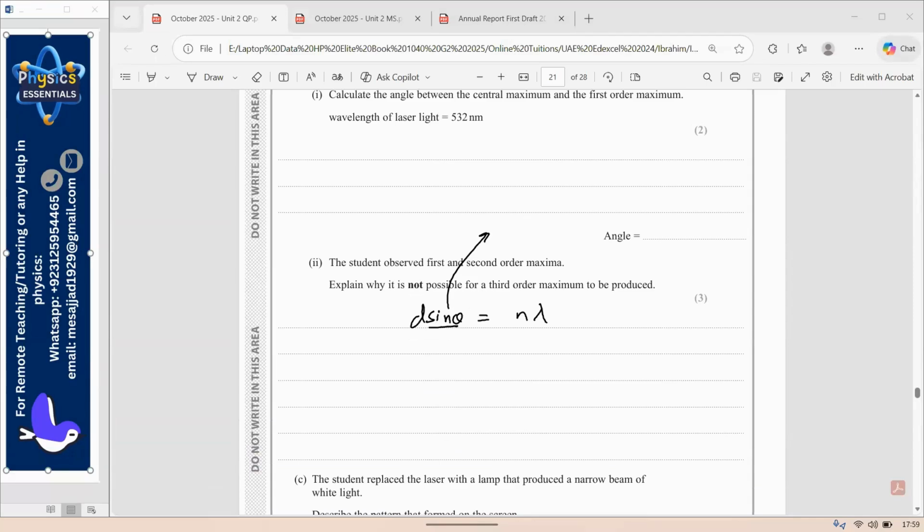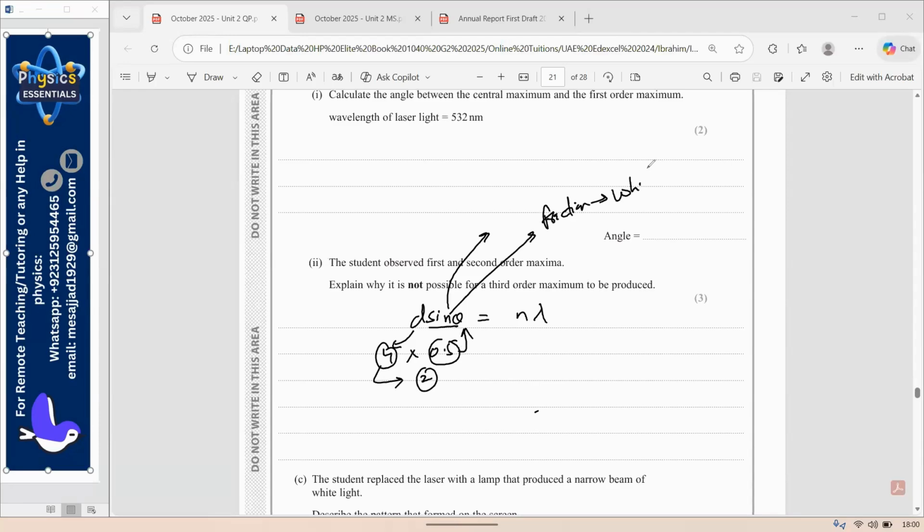For example, if this is 0.4 and this is 0.5, then 0.4 divided by 0.5 is actually 0.8. It means this fraction is reducing this number. Your total number is being decreased because sine theta is a fraction. So in order to find out how many maxima are possible, you need to turn this fraction into a whole number.